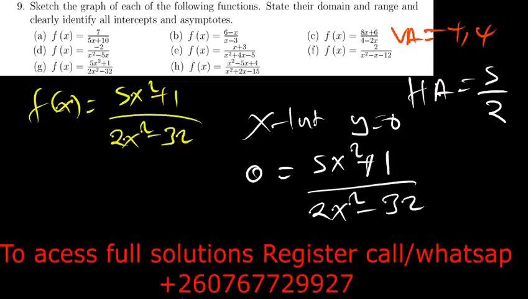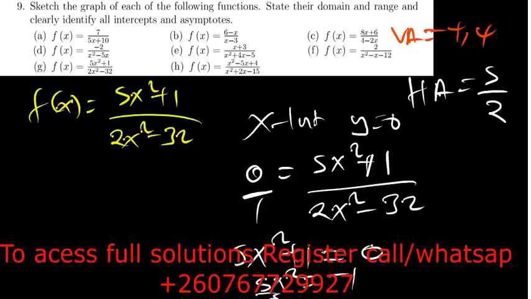Here I have 1, so I cross multiply. I'm going to have 5x squared plus 1 equal to 0. So I shift that other one to the other side, it's going to be negative 1. I divide both sides by 5. X squared will be equal to negative 1 over 5.